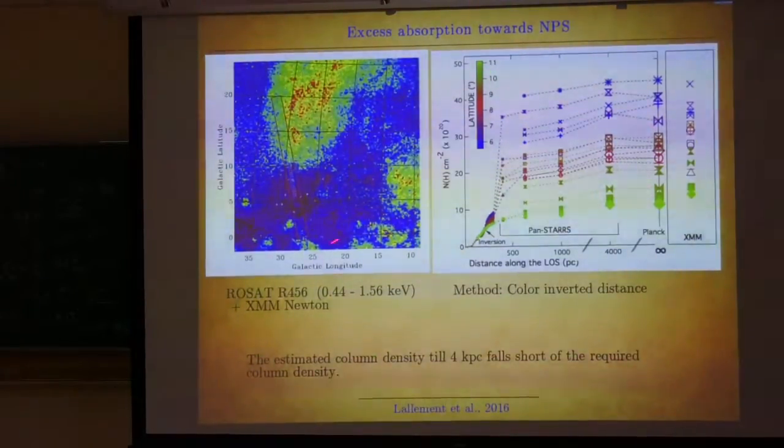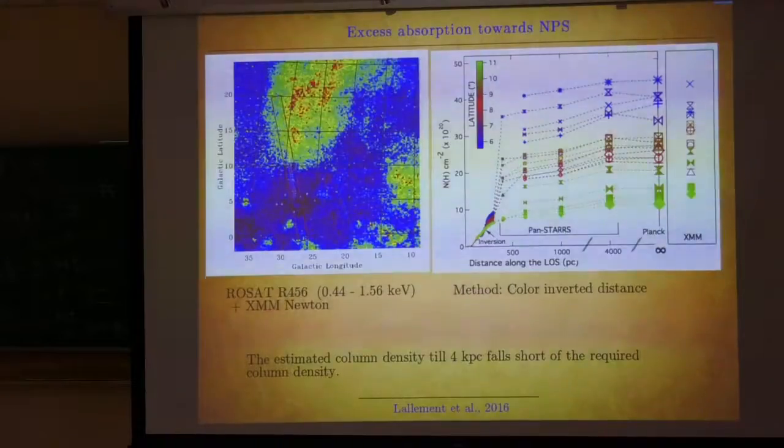Once the spectra are obtained, you need some column density to fit the spectra properly, and the obtained column density is plotted here. These colors represent different latitudes. Interestingly, if you look at the stars towards these pointings, their distances are known, and we have very good spectra, so the extinction is known. We can invert this extinction into a distance. We always find that up to 4 kiloparsec, the hydrogen column density NH required to match the spectra is always falling short.